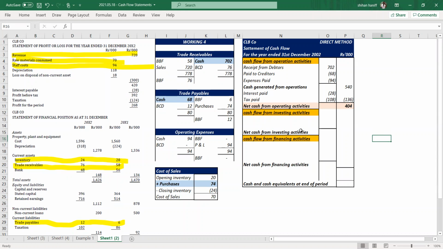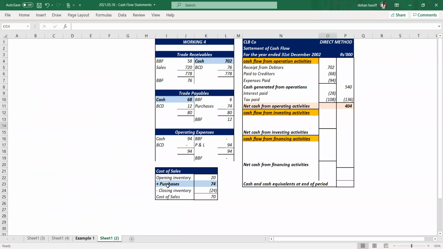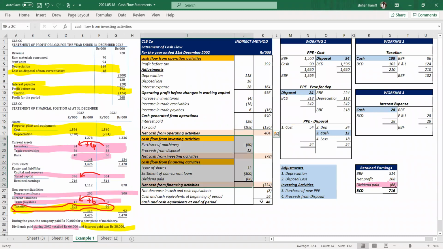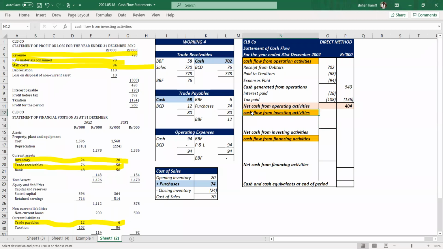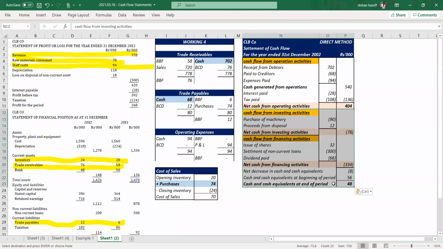Right. Any questions? Now, other things are the same. Investing activities and financing activities will be the same. The only difference is operating activities.